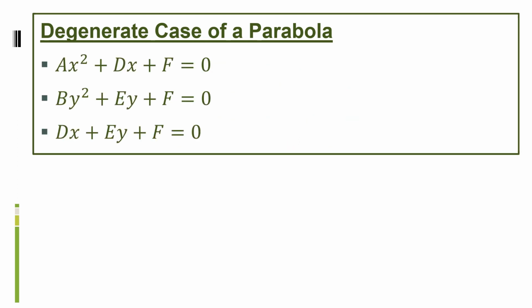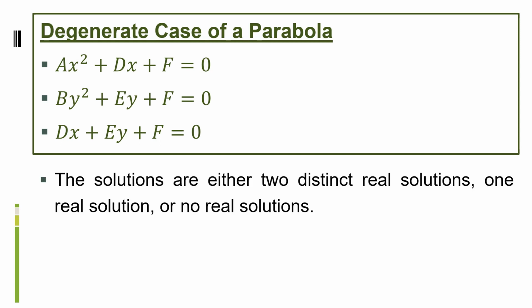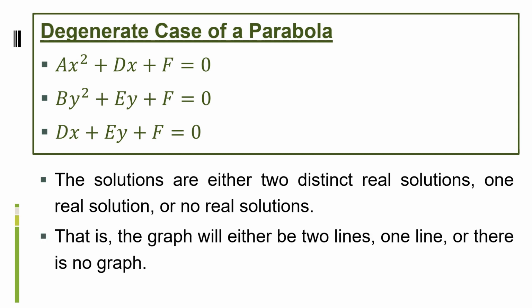We have ax squared plus dx plus f equals 0, or by squared plus ey plus f equals 0, or dx plus ey plus f equals 0. And the solutions are either two distinct real solutions, one real solution, or no real solution. So if we graph these three equations, pwede tayong makakuha ng dalawang lines, pwedeng isang line, or no graph at all.